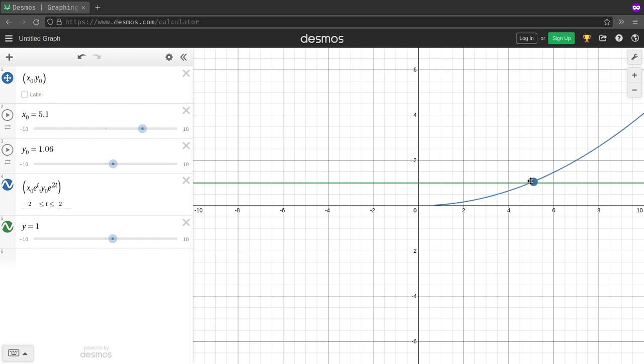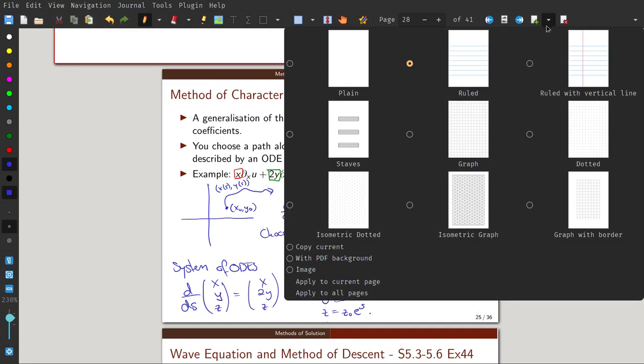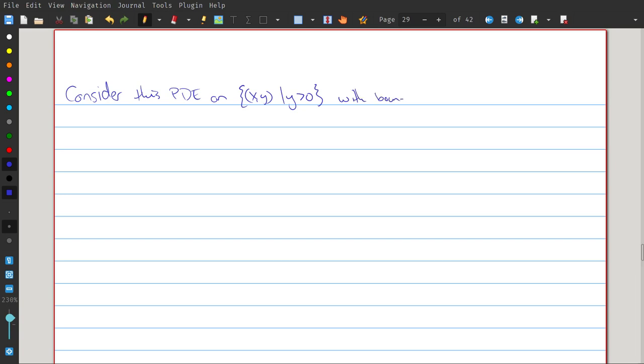So the well-posed problem here, the one that has a solution and makes sense, would be to consider this partial differential equation on the set of (x, y) where y is greater than 0, with boundary condition u(x, 1) equals 2x squared.